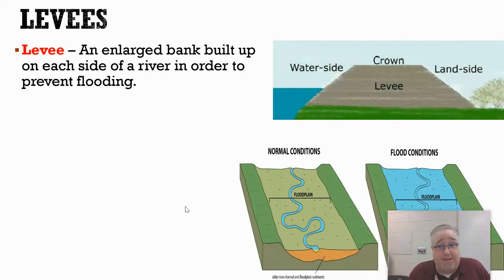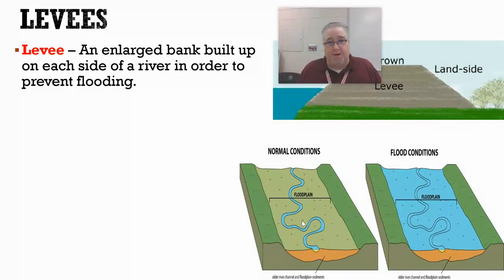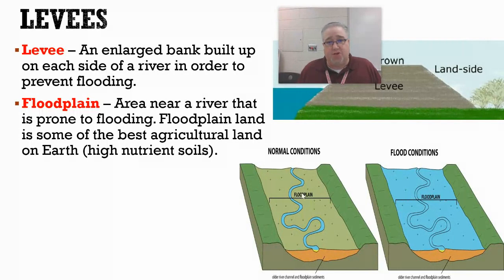So like most cities that are built near rivers, they build these levees. And these levees are built to block any rising level of water in the river or any other body of water that might be near it. So, for example, this picture on the bottom is showing you what we call a floodplain.